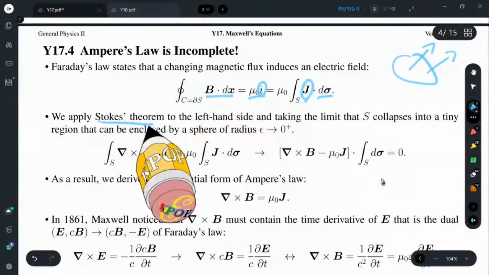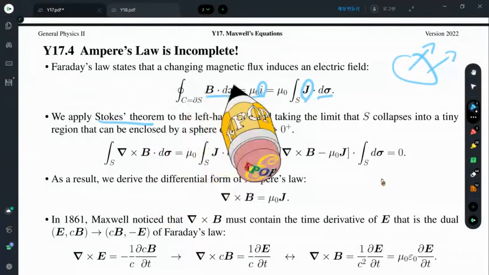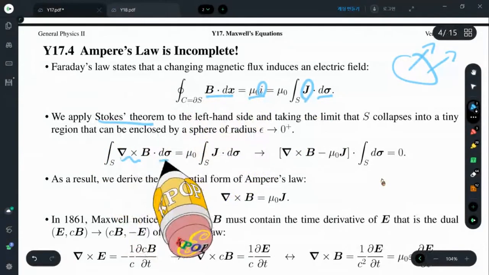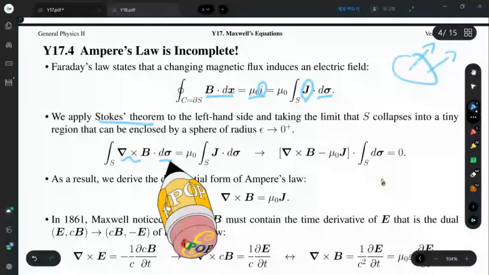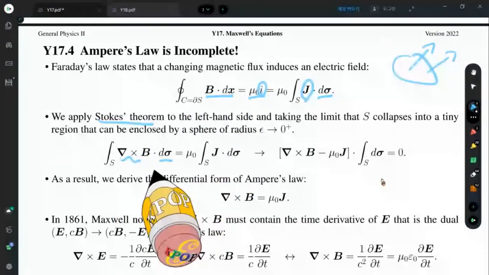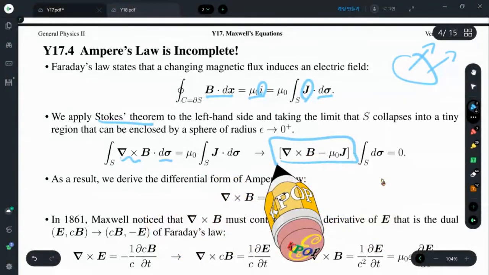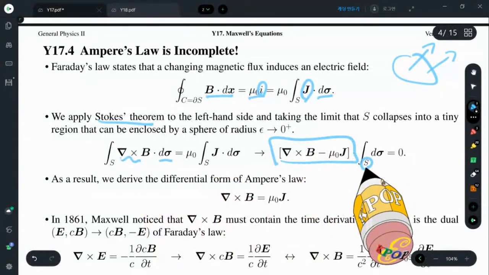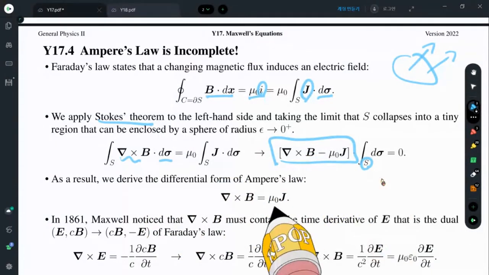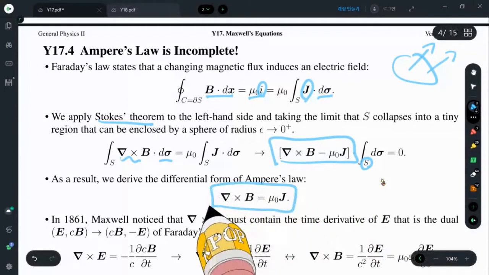Now we again make use of Stokes' theorem to express this line integral as the surface integral of a curl. Again, in a similar manner, we find that the integrand factors out if we shrink the surface into a very tiny surface. As a result, we obtain the differential form of Ampere's law.